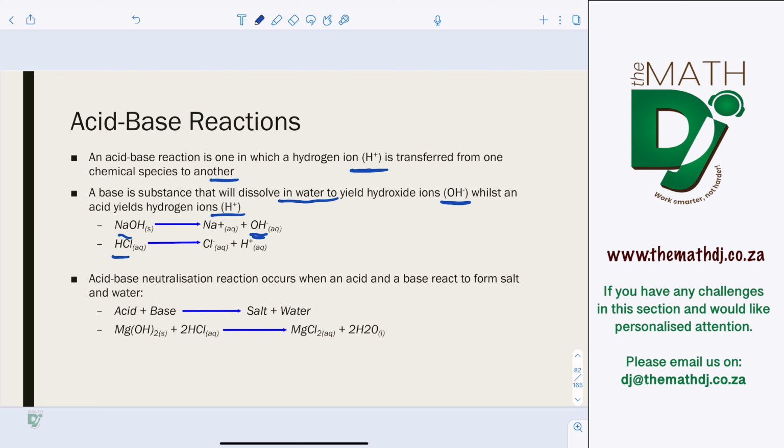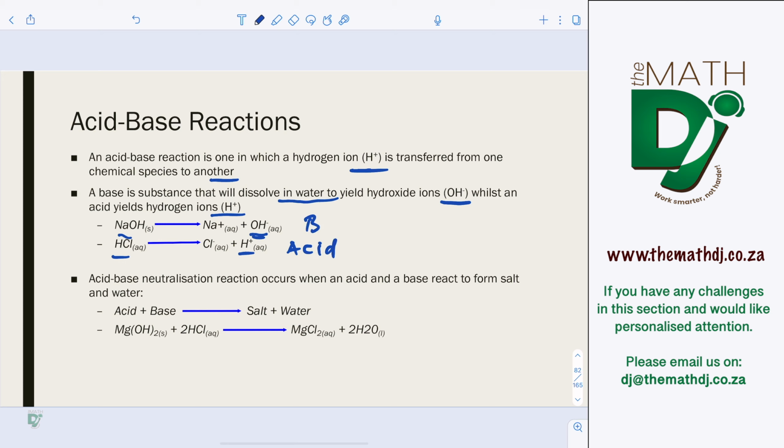Then hydrochloric acid, when exposed to water, produces H ions, which is the chlorine ion Cl minus and the hydrogen ion.